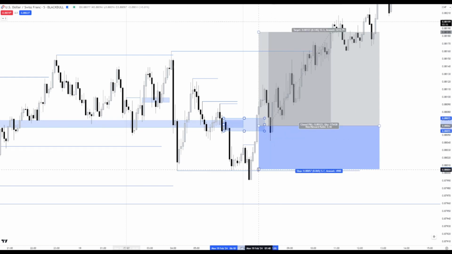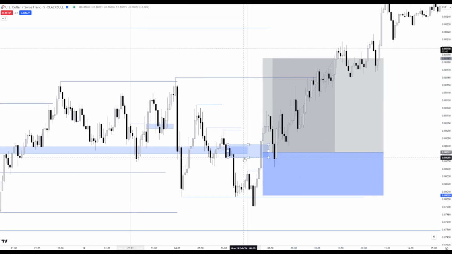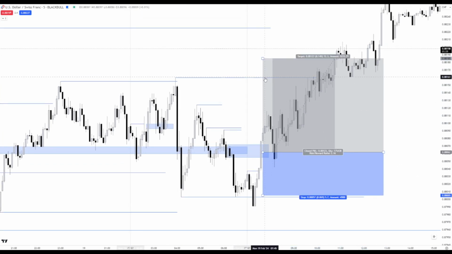So I set up my trade around here, my stop loss, because I was really not expecting it to go below this, and if it did go to here, I was expecting this breaker block to be the catapult to higher prices. So I put my trade here and I went through to the London high, which was here.